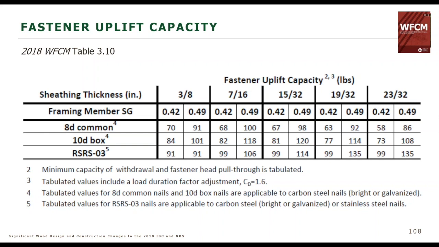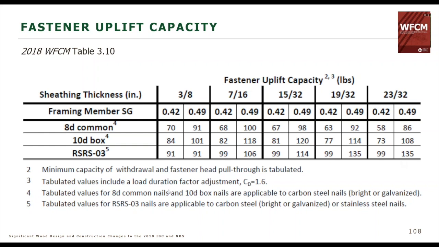And if you compare these fastener uplift capacities, you'll see that with the framing member specific gravity of 0.42 or 0.49 notwithstanding, we can get some pretty high uplift capacities, especially when we start seeing these pretty thick side members out of our roof sheathing ring shank nails.